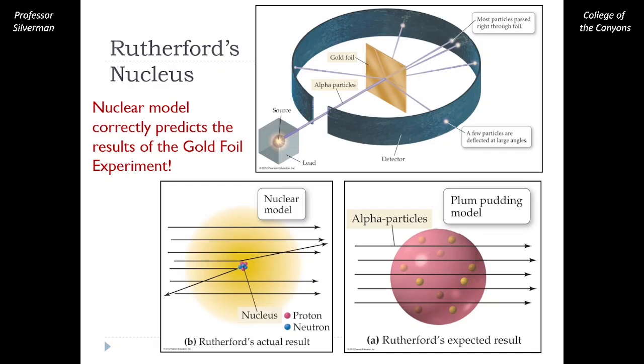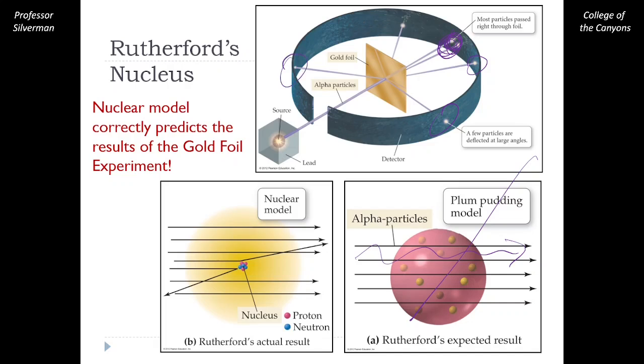This model better predicts the results of our gold foil experiment. In the plum pudding model, things should pass all the way through our gold foil, which we do see a lot of, but that plum pudding model does not predict any of these deflections.